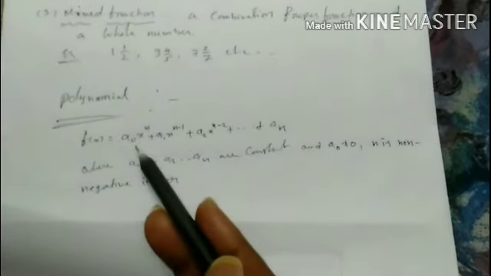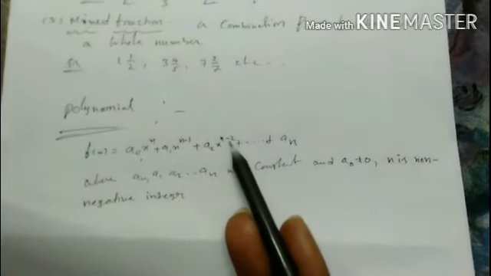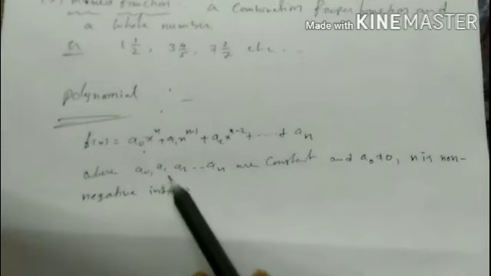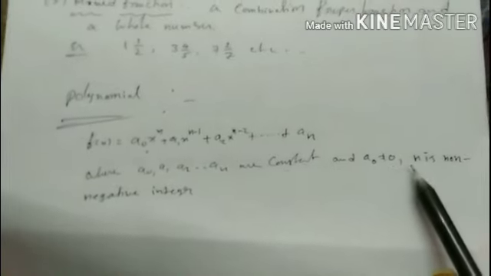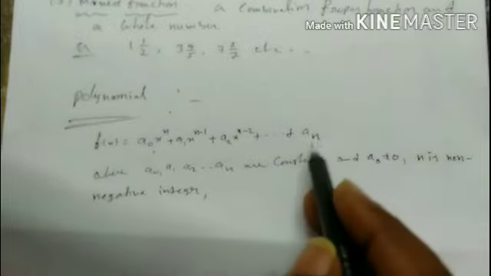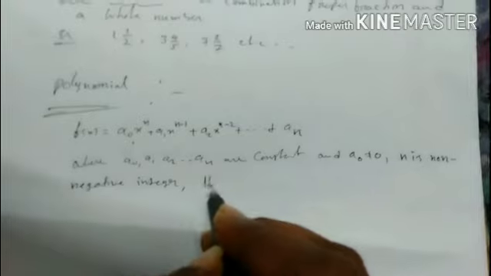So f of x equals a naught x power n plus a1 x power n minus 1 plus a2 x power n minus 2 plus and so on, plus an, where a naught, a1, a2, and so on to an are constants and a naught is not equal to 0, and n is a non-negative integer. Then the above representation is called an nth degree polynomial.